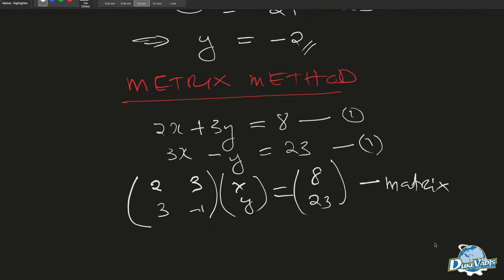Now, to solve this equation using matrix, the first thing we have to think about is our determinant, the determinant of the matrix.